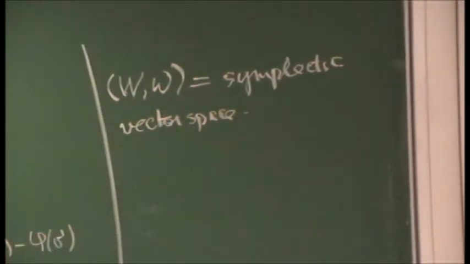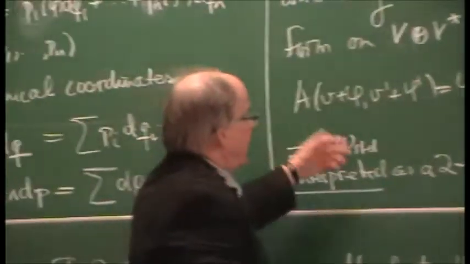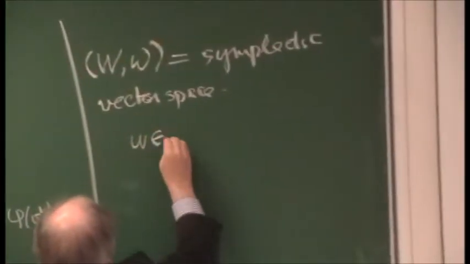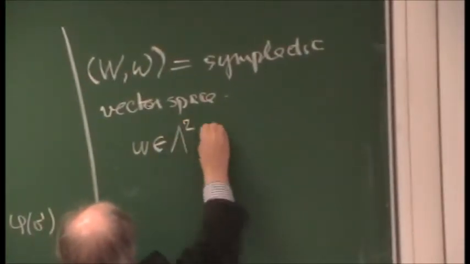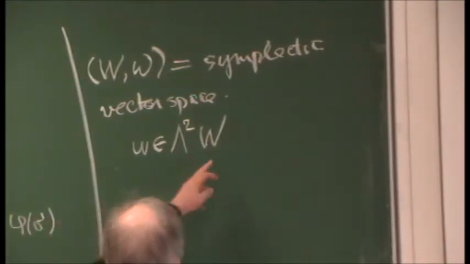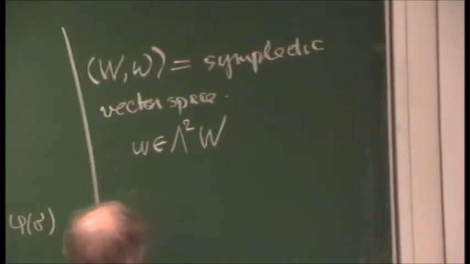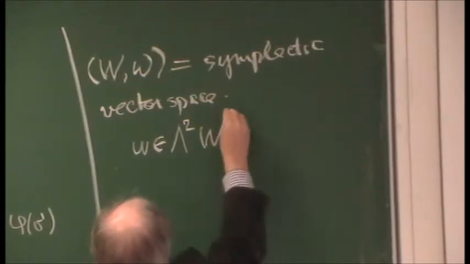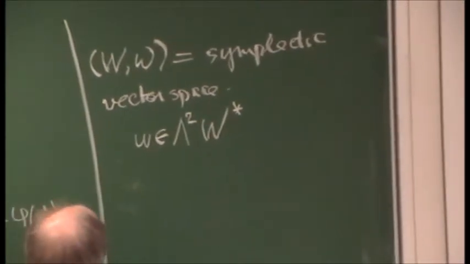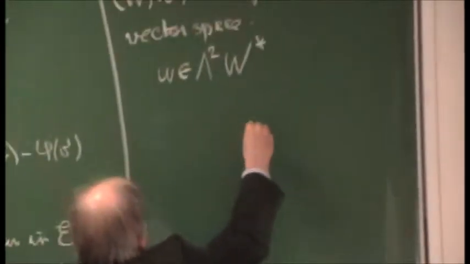So again, here I'm talking about everything as a manifold. Here I have just a bilinear form. This means this is an alternating two form, which is non-degenerate.